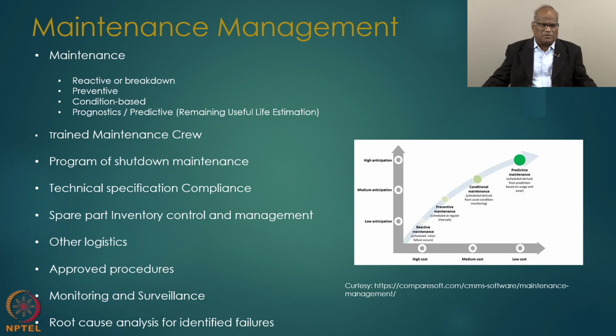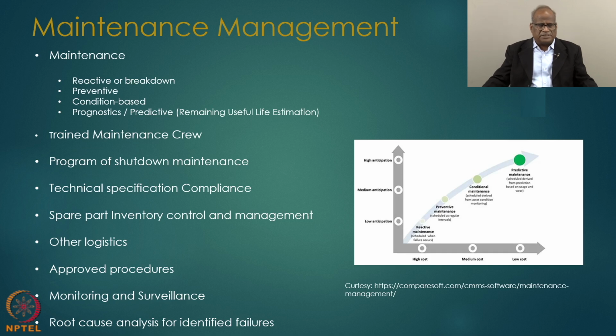There are many logistic areas which we will be talking about as and when we discuss certain issues. Then approved procedures should be used. Strictly speaking, whatever procedures are available in the control room should be regularly updated and approved, and the same applies to maintenance management also.